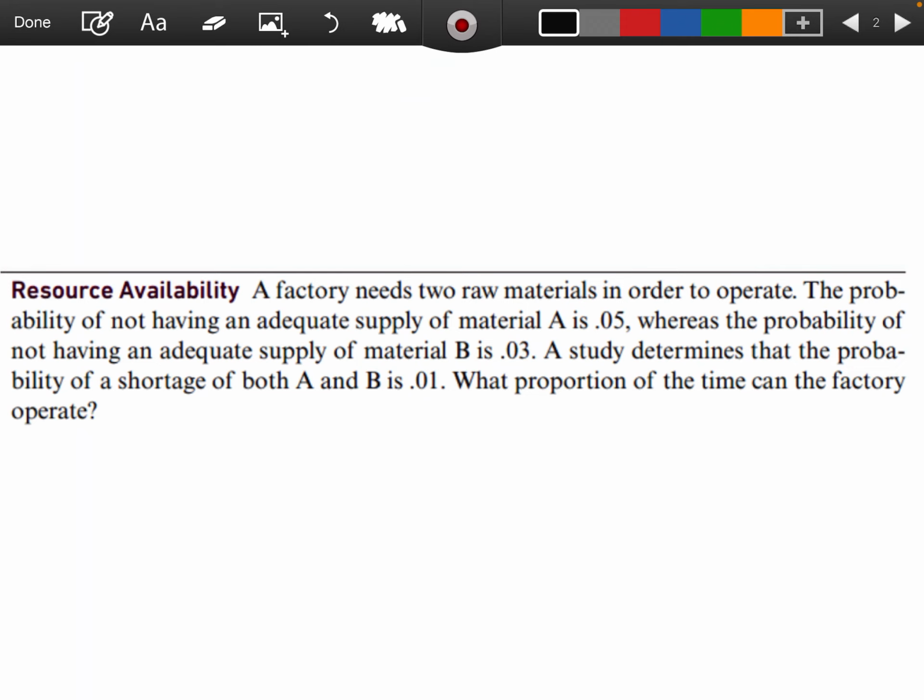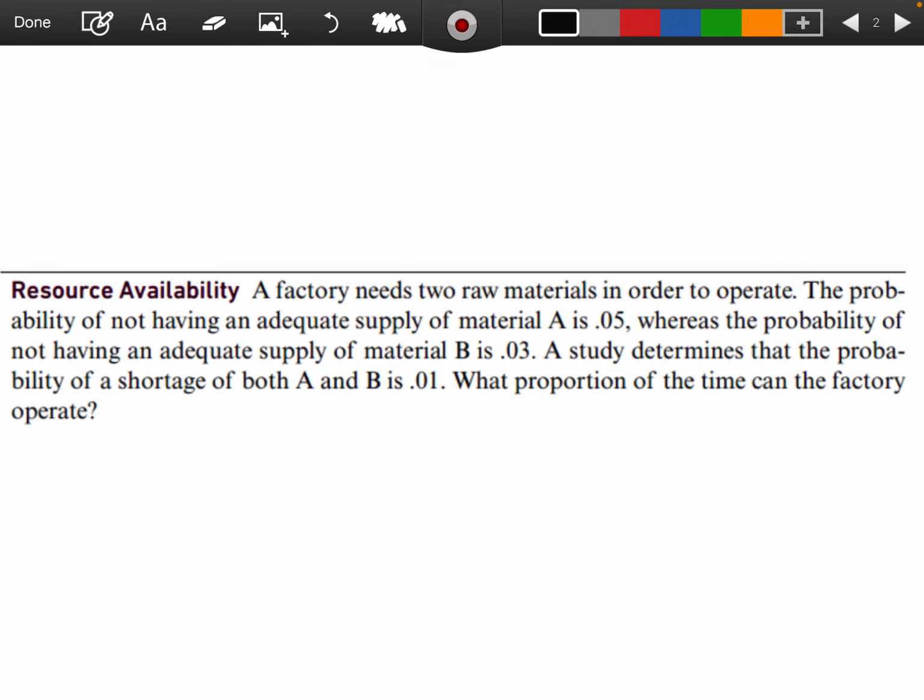I'm going to do a quick example of this that we can work through. And this uses that inclusion-exclusion principle. So it says that a factory needs 2 raw materials in order to operate. The probability of not having an adequate supply of material A is 0.05. So 5% of the time they don't have an adequate supply of material A. And the probability of not having an adequate supply of material B is 0.03.